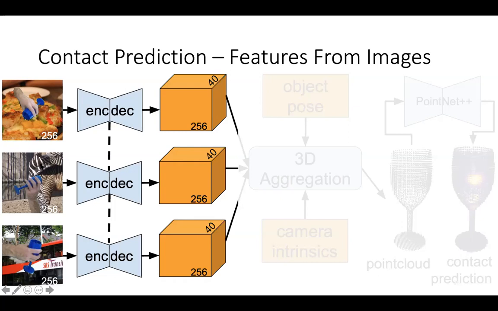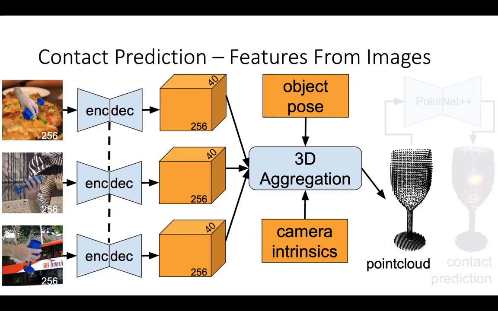And now if these images actually represent multiple viewpoints of the same grasp, then we can use the object pose that is known to us and the camera intrinsics to aggregate these features onto the point cloud, right?